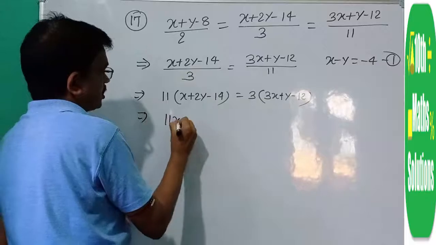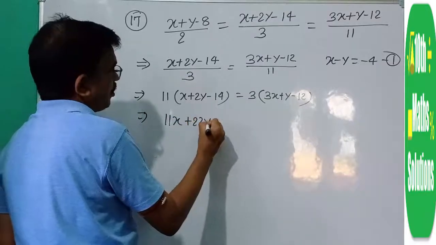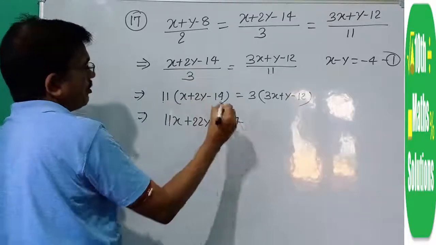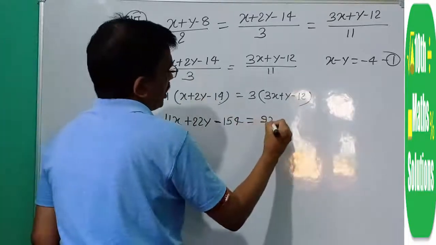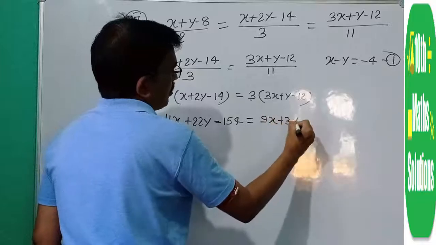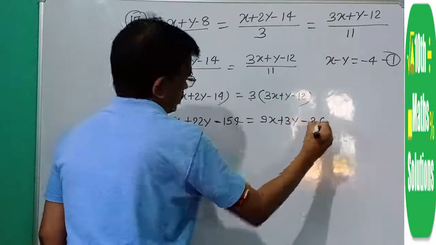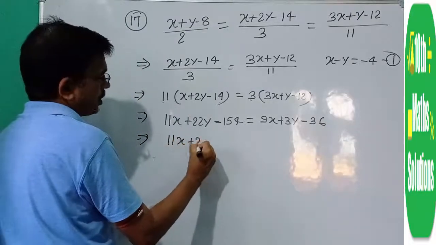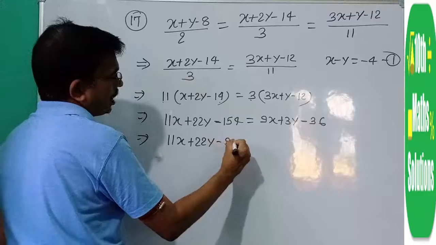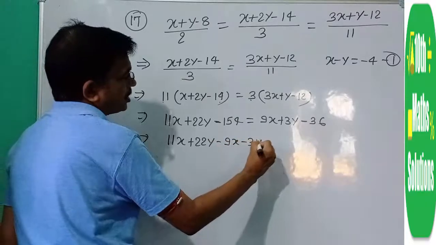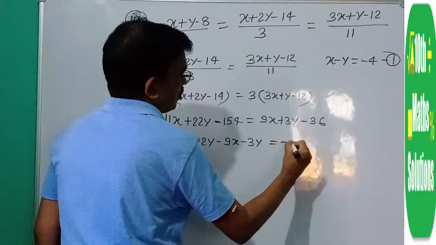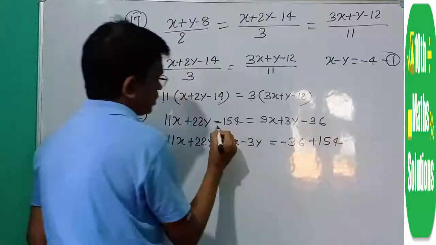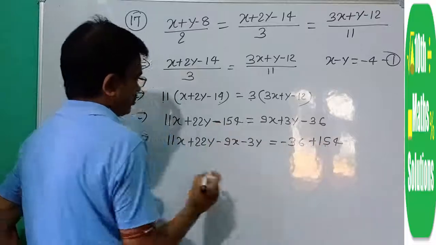You get 11x plus 22y minus 154, since 14 into 11 is 154, is equal to 9x plus 3y minus 36. So dear student, here is 11x plus 22y minus 9x minus 3y is equal to minus 36 and plus 154, because here 154 is negative, so it becomes positive.